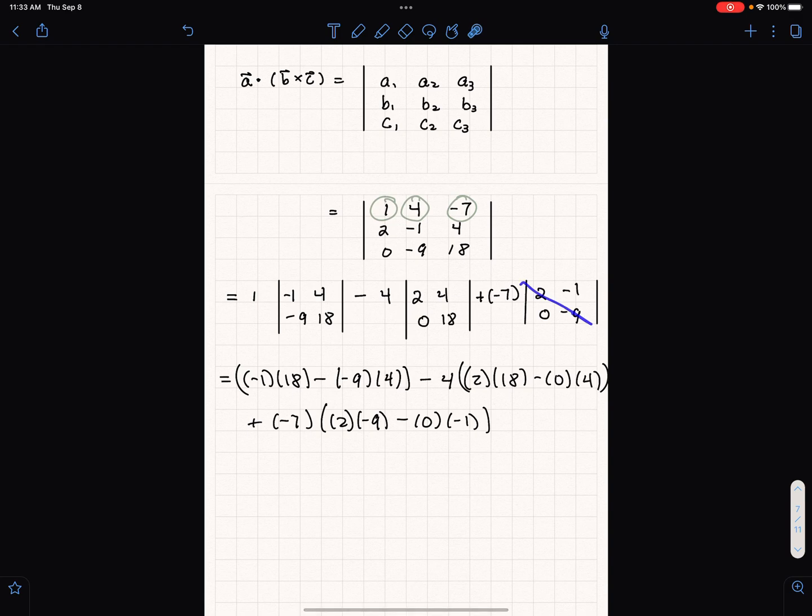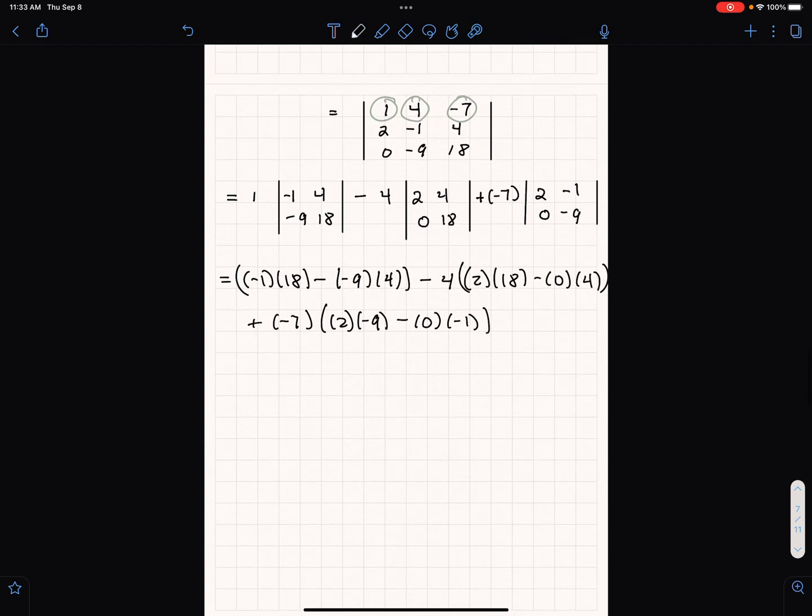So it's multiplying across the main diagonal and then subtracting the opposite diagonal. Then it's negative 18 plus 36, just doing times tables here. 2 times 18 is 36 minus 0. And then minus 7, negative 18.